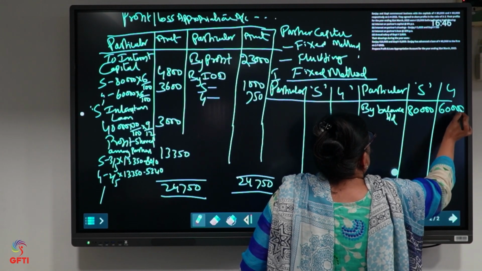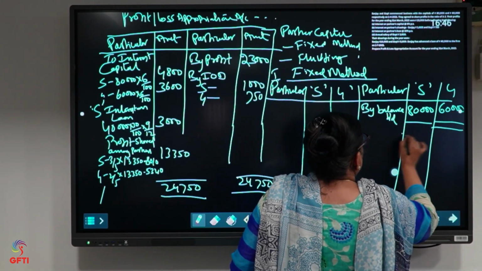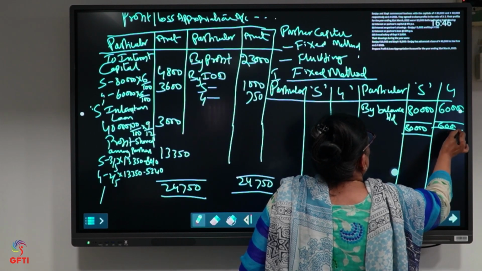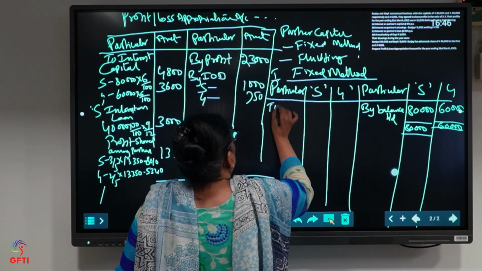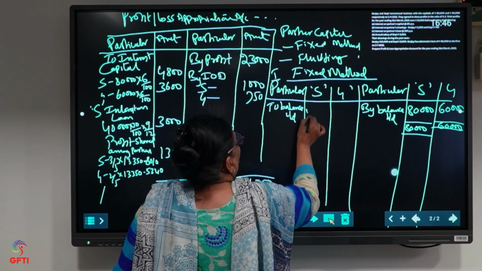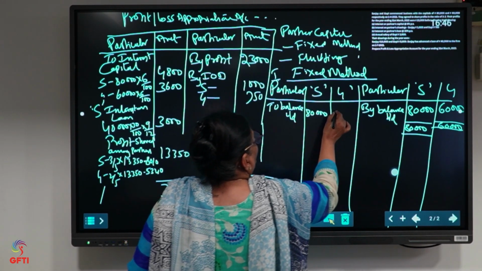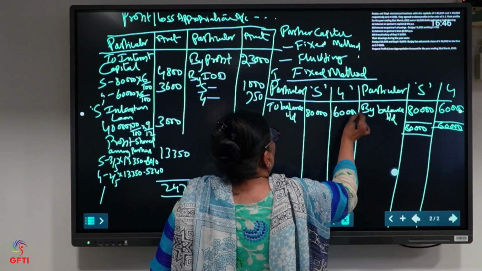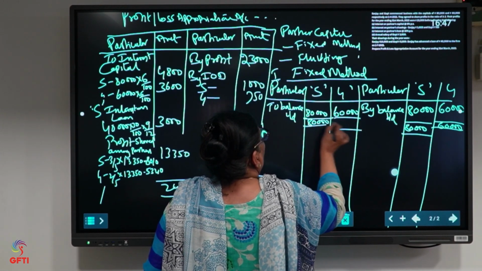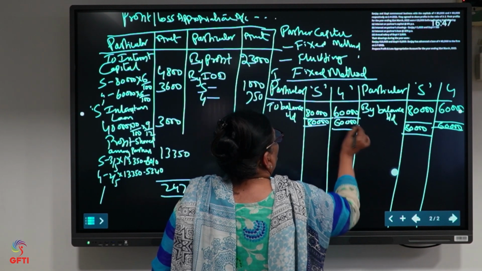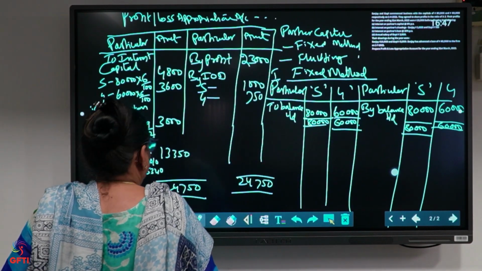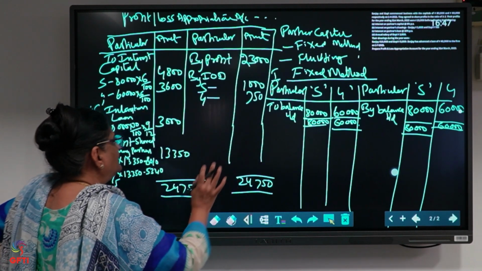No additional capital has come in. If that were there, it would have been adjusted and little differences would have come in the capital. So to balance carried down 80,000 and 60,000. Now you ask the partners what their capitals are, they will tell us, ours is 80 and 60.